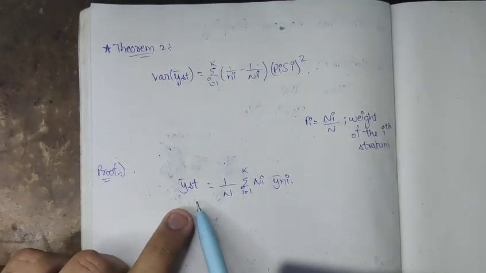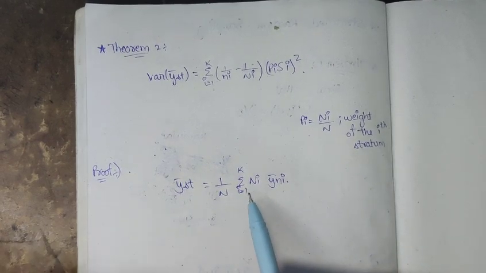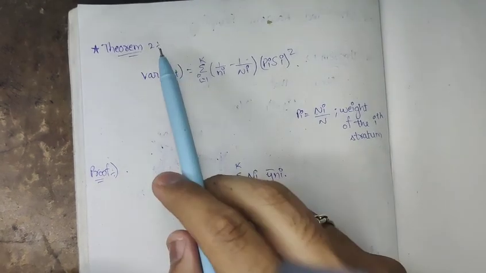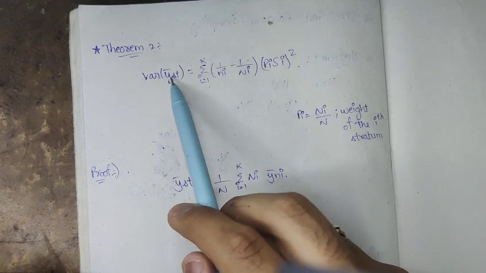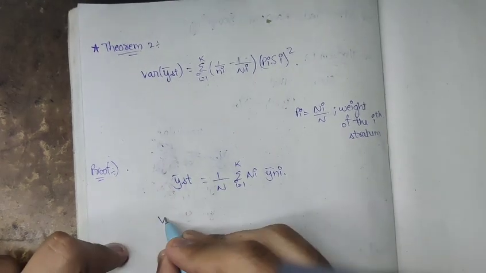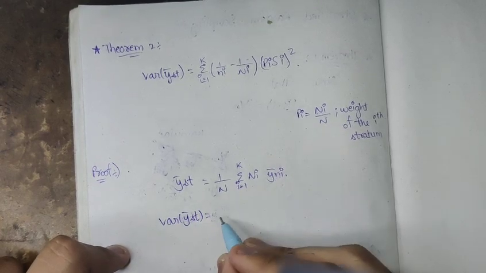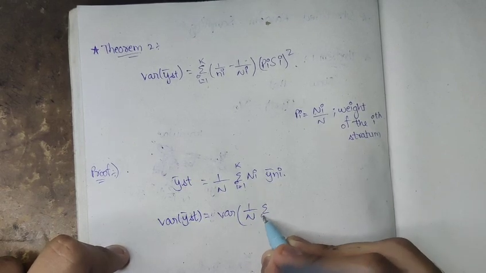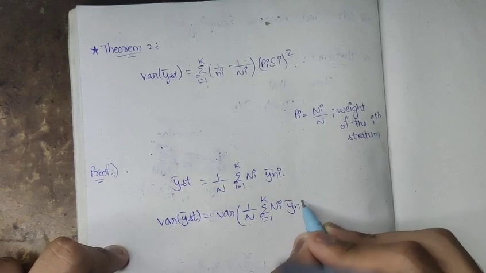ȳ_st, we already know the formula. ȳ_st is equal to 1/N times the summation from i = 1 to k of N_i ȳ_i. Here it is asked to prove the variance of this particular formula, so we will apply variance on both sides. Variance of ȳ_st is equal to the variance of 1/N times the summation from i = 1 to k of N_i ȳ_i.